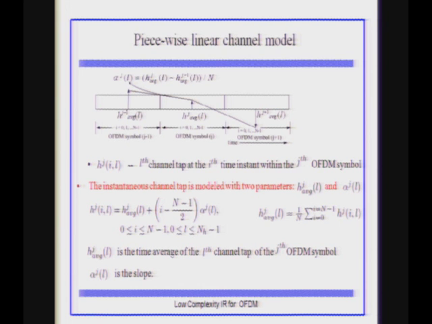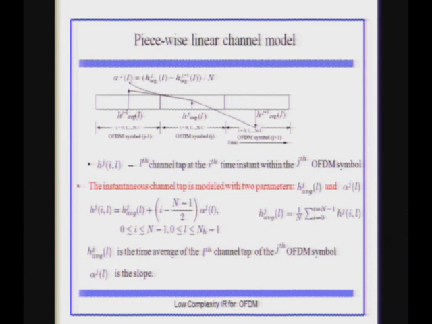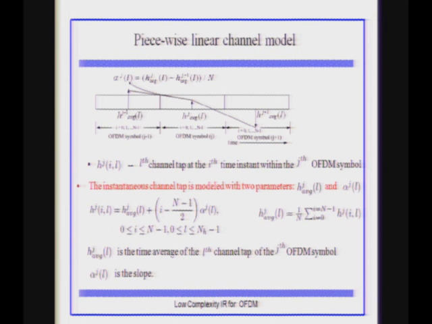But this is kind of a model for how it varies over the course of multiple symbols, over time. So do people use this model? In fact, that is what is implemented.